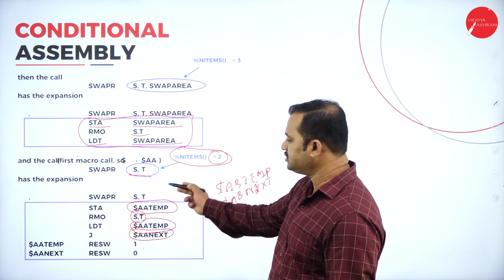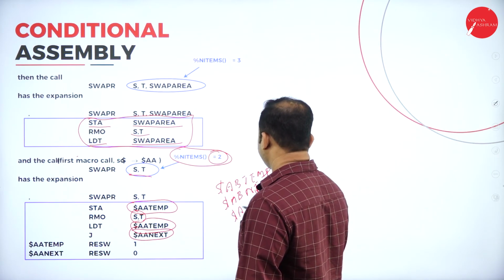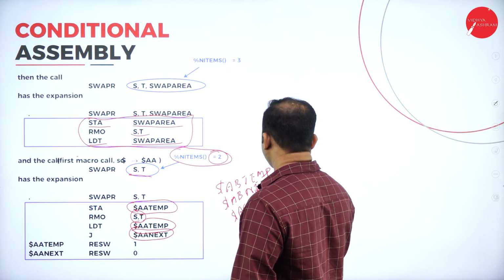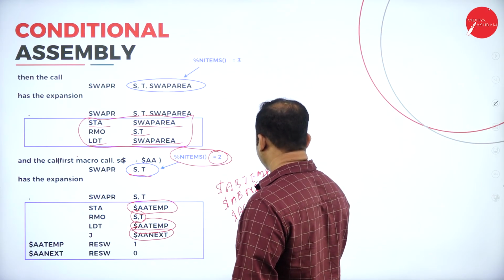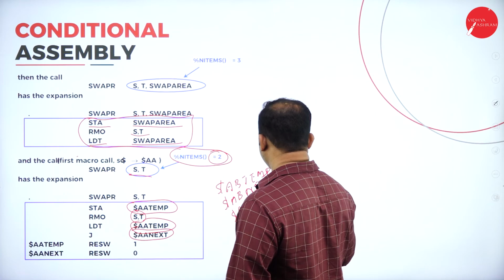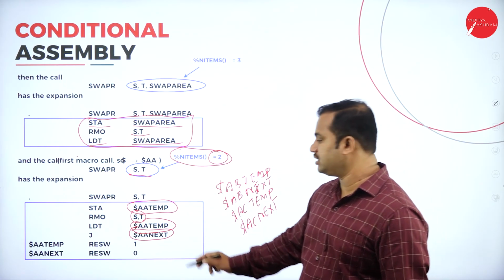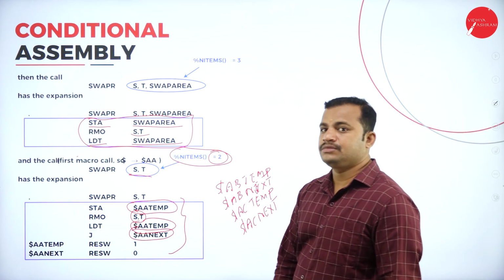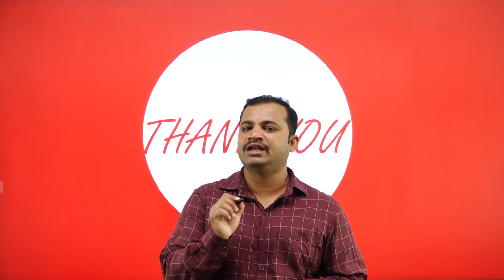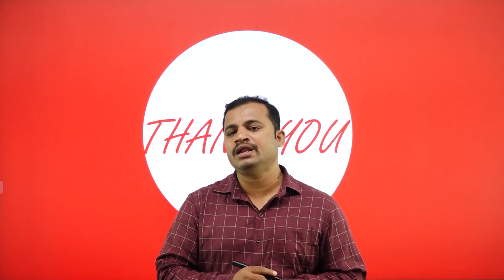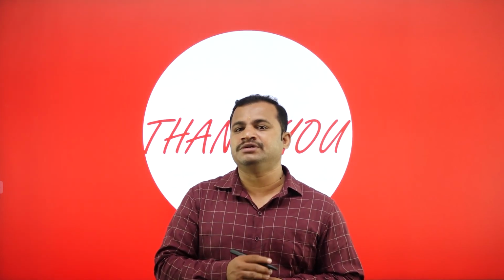Then if it is executed once again, it becomes $AC temp, $AC next. All these operations are repeatedly carried out in the expanded version of the source code. So this is how the macro expansions are carried out with uniquely identified labels. These labels will help us to compile the set of statements given in the expanded version after the pre-processing, that is, after the macro expansion.